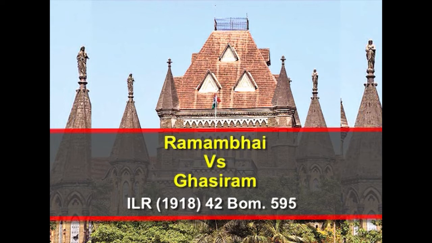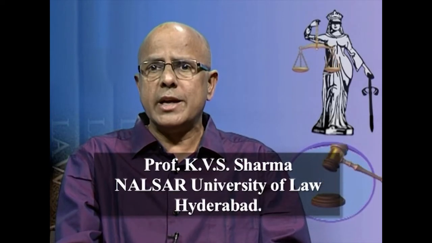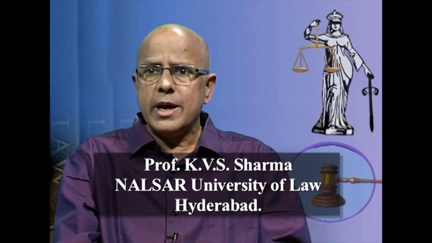In Ramambhai versus Ghasiram, ILR 1918, 42, Bombay, page 595, it was held that where a person applied for 400 shares on the condition that he would be appointed as cashier of a new branch of the company, the Bombay High Court held that he was not bound by any allotment unless he was so appointed.